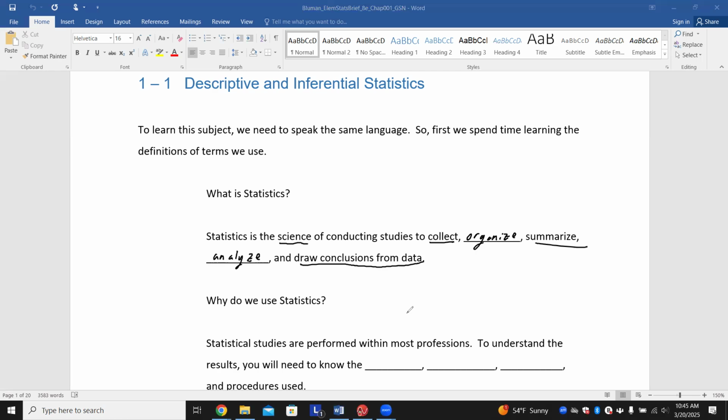To understand the results, you will need to know the vocabulary, the symbols, the concepts, and the procedures that we use. To understand this, you need to understand all of statistics and be able to analyze statistics as well.